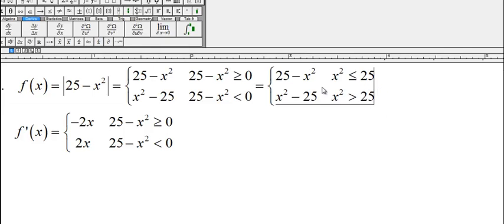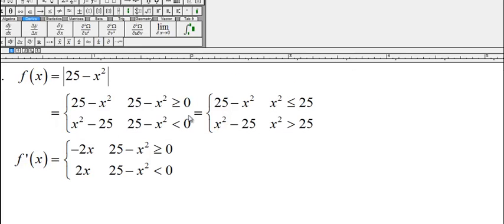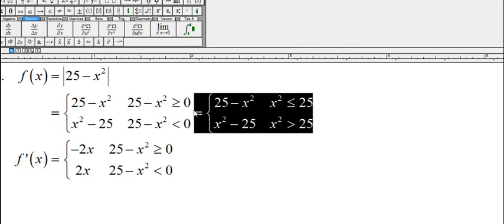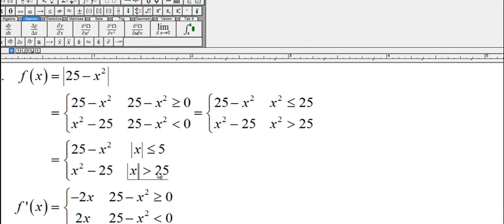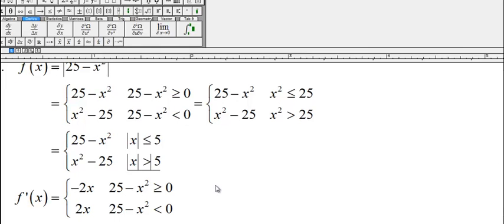Which another way to say that is absolute value of x is less than 5, or equal to. And of course this one would be absolute value of x greater than 5. Okay, so if I use that condition, I could use that as the conditions here.